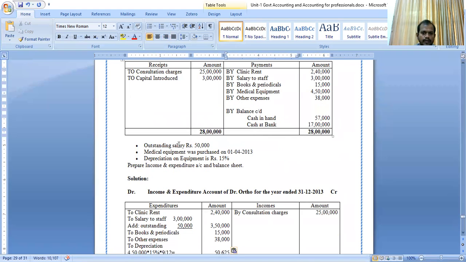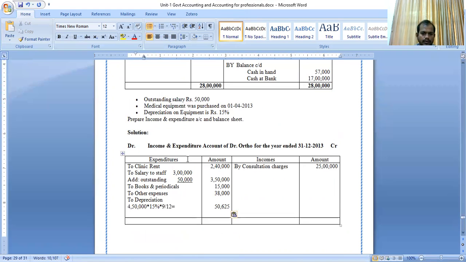Okay, we do not have any other transactions to record in the income and expenditure statement. So we'll finalize these things. 25 lakhs.